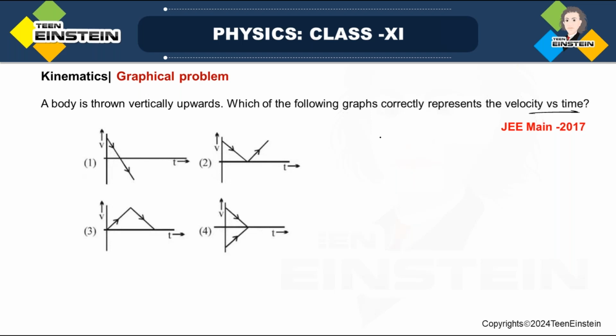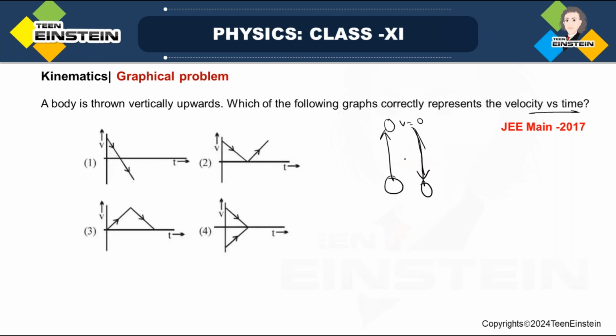If a particle is thrown upward like this, what happens? After reaching the maximum height, it will have zero velocity at this particular position, and then it reverses its direction. But since the motion is under gravity, the speed further increases in the opposite direction.